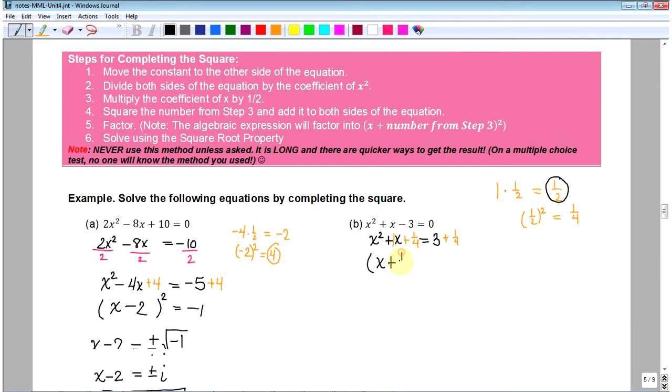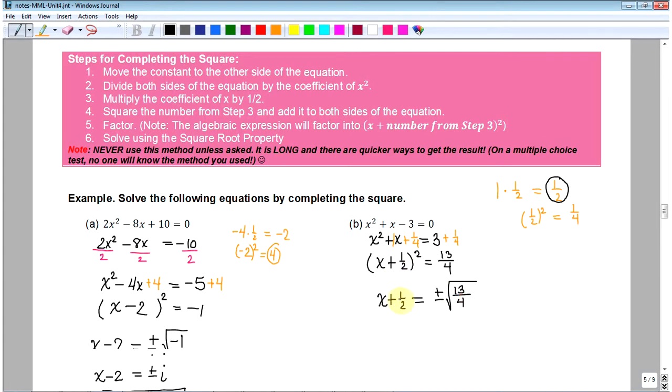So this will factor into x plus 1/2 squared. On the right, 3 plus 1/4 gives us 13/4. Now we're ready to use the square root property. I can get rid of my square on the left, and that will equal plus or minus the square root of 13/4.